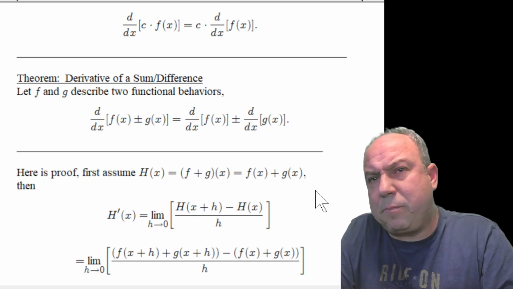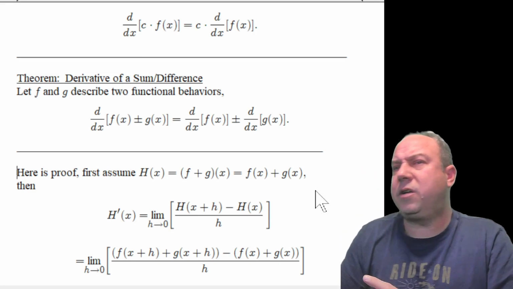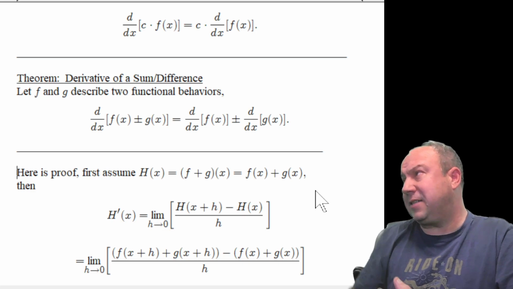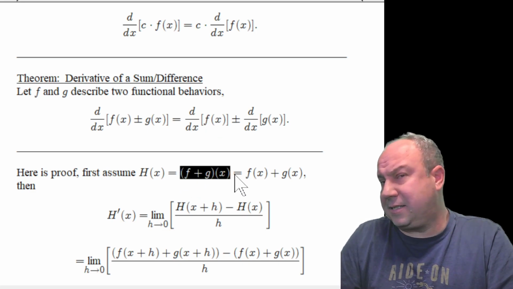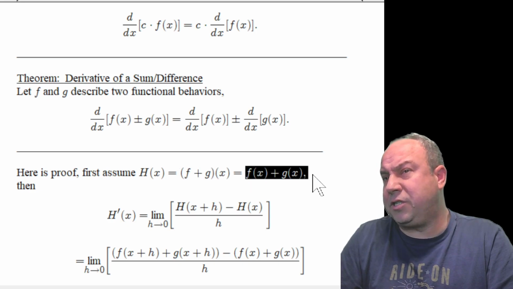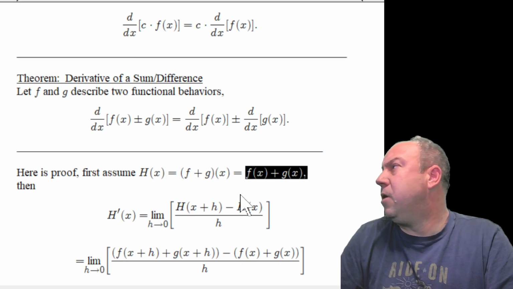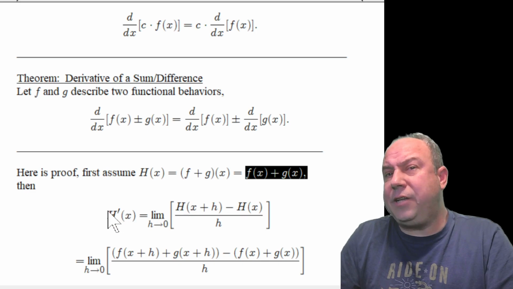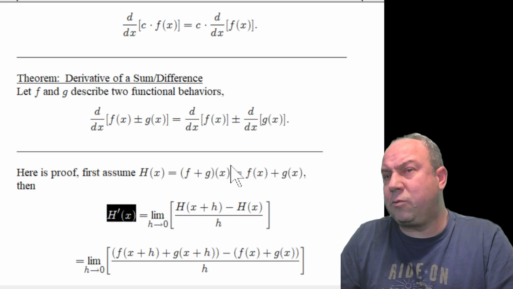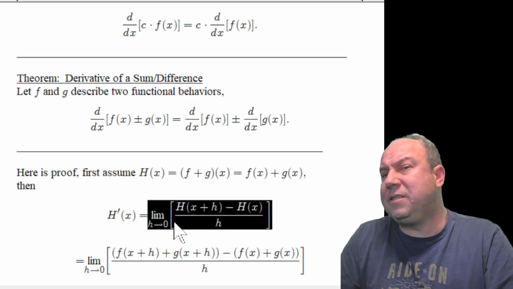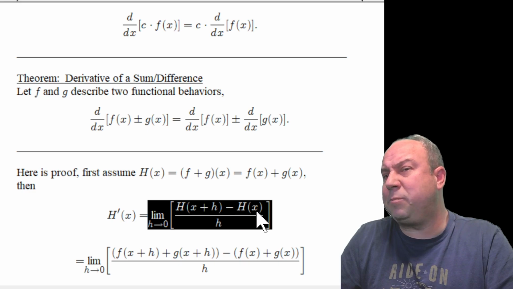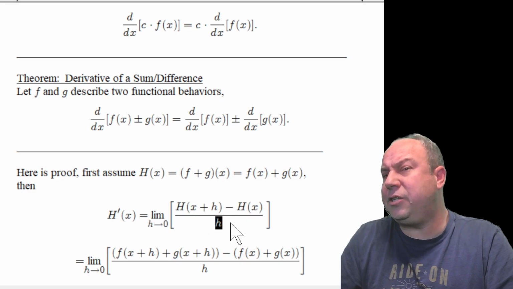But if we think about the proof, the way the proof works here is we're going to talk about h of x being the sum of f and g at x, which is just f of x plus g of x. Well, h prime of x, which would be the derivative of that sum, would be the limit as little h heads to 0 for big H at x plus h minus big H at x all divided by h.